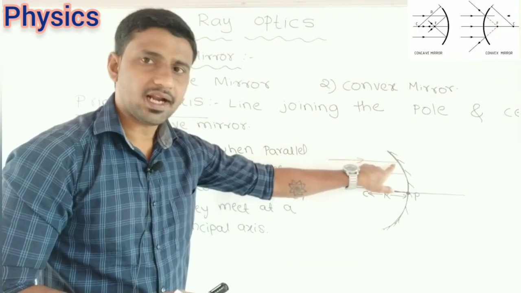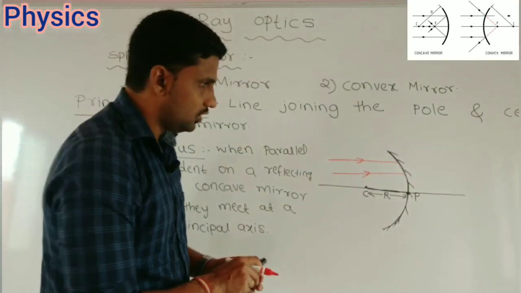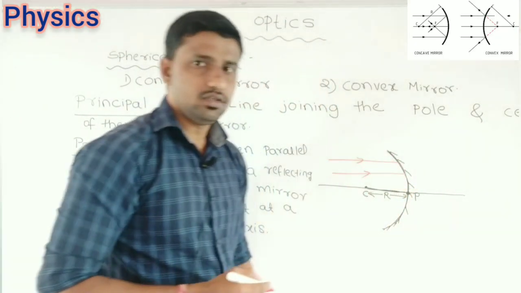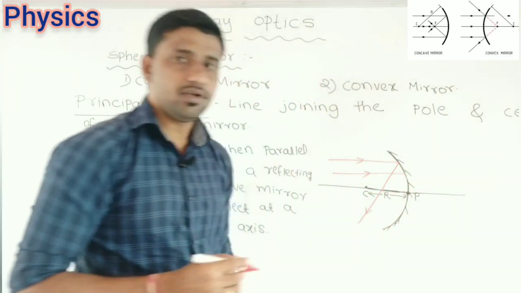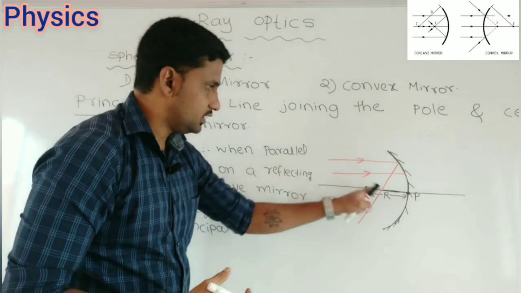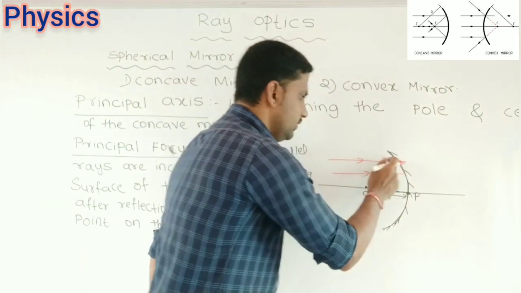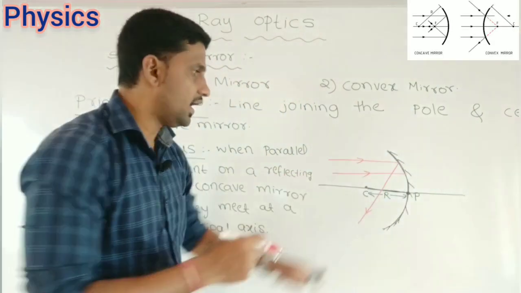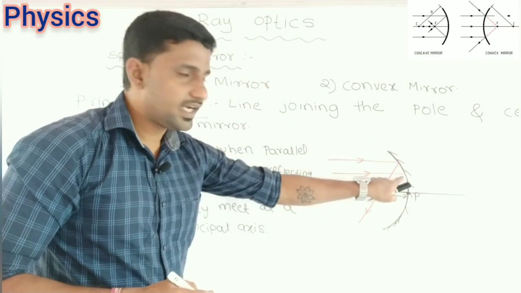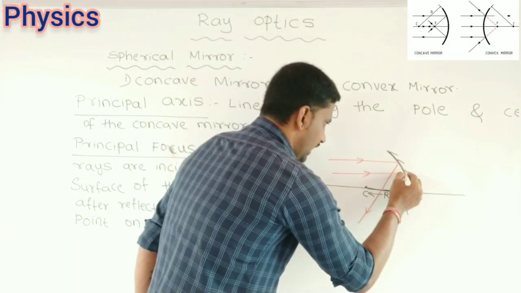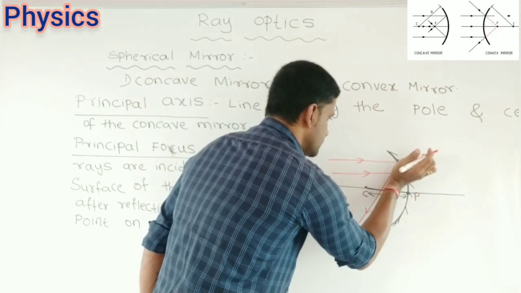When I incident parallel rays on the reflecting surface of the concave mirror, after hitting the surface, it will reflect back, it will return back, and it will meet some point on the principal axis. So this is in the case of the first ray of light, and after hitting the reflecting surface, the second ray of light also bounces back, and when it bounces back, it will meet some point on the principal axis.